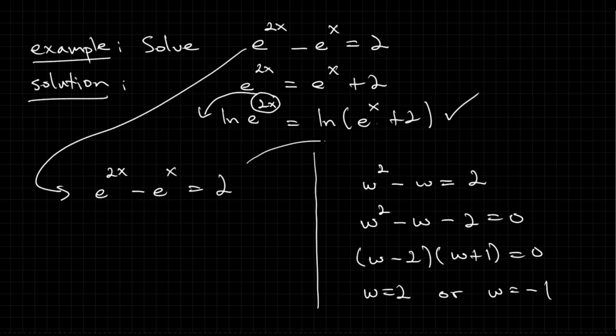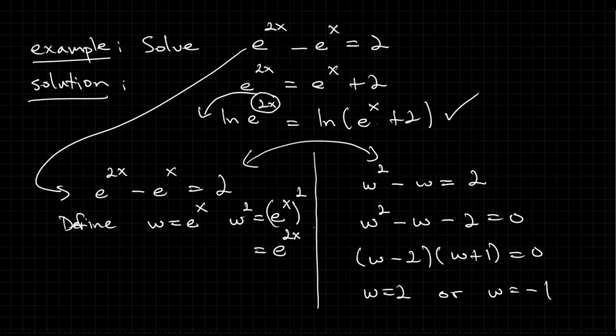Now, it turns out that these two equations are actually very related. In order to show you how they're related, let me define w equals e to the x. Well, if w is e to the x, then what would w squared be? It would be e to the x squared, which is e to the 2x.